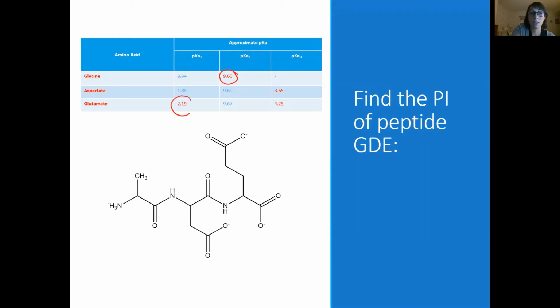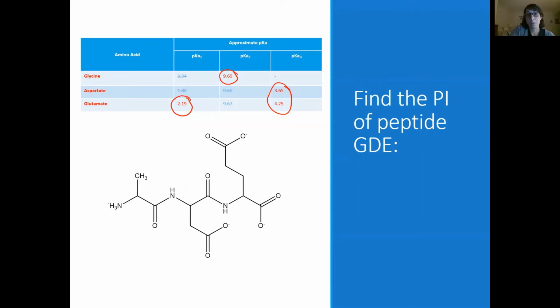And so the pKa associated with the carboxyl end of the glutamate amino acid is important for this peptide. The other two highlighted pKa's are pKa's for the R groups, and both of these R groups are in our aspartate and glutamate amino acids, and their R groups are present.